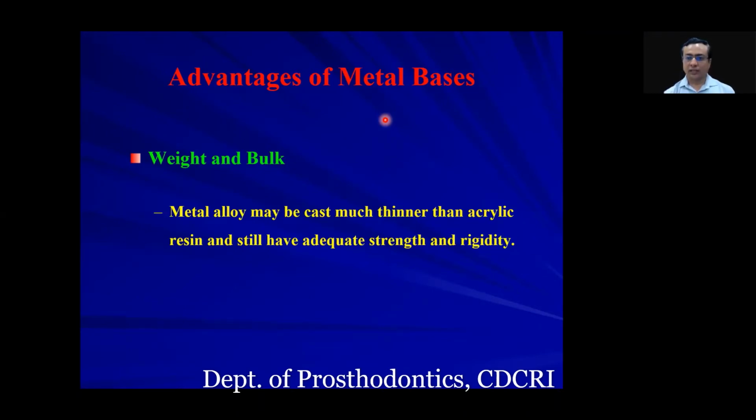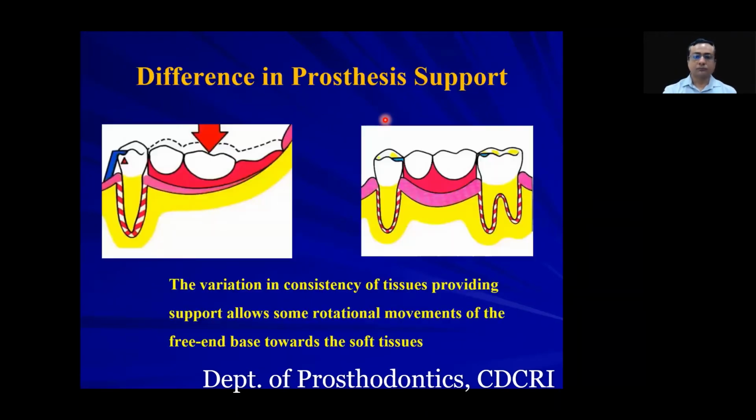So there you cannot take any chance. So preferably for distal extension, use acrylic denture base, and for tooth supported, use metal denture base. So this is an example. This was about the problem of bone resorption.